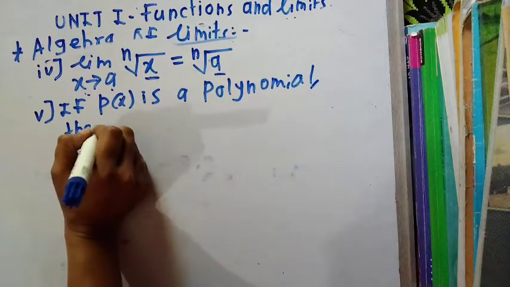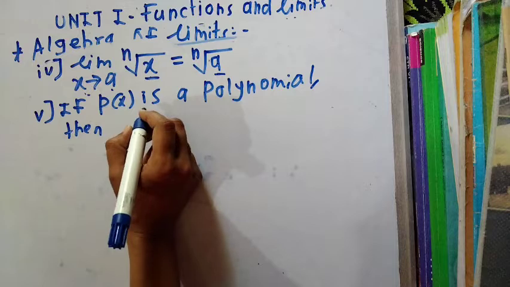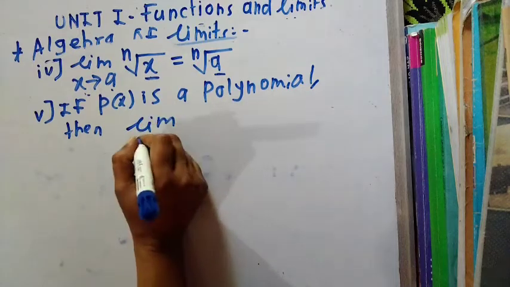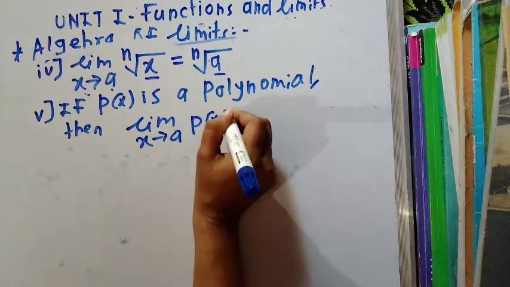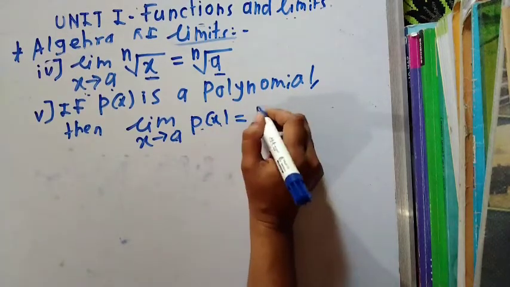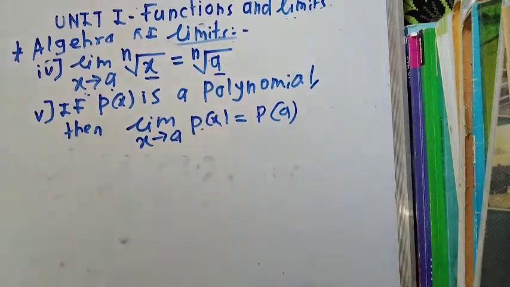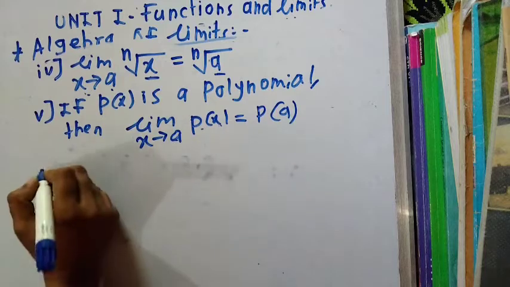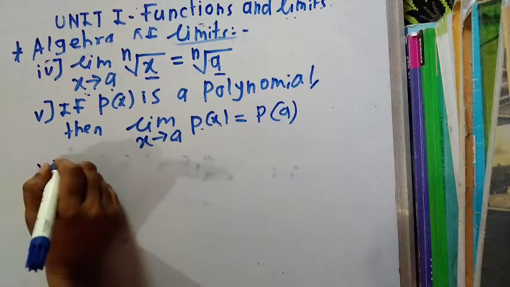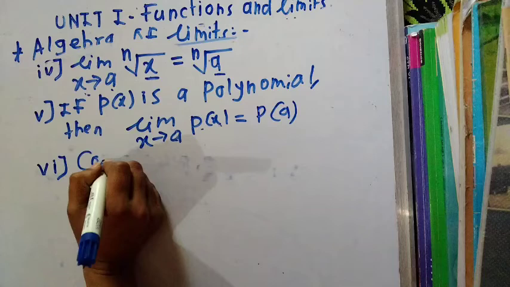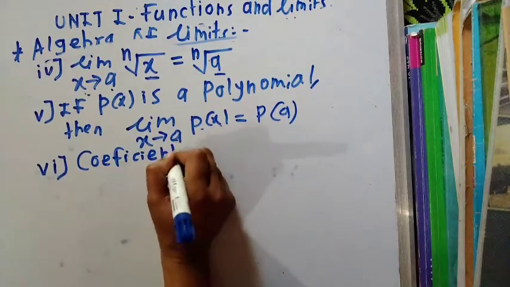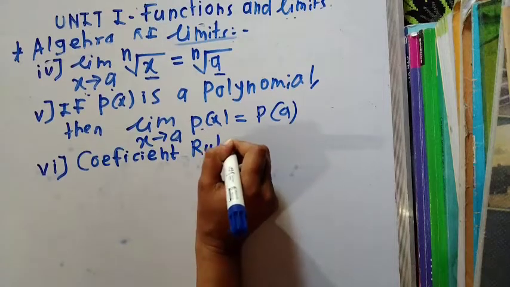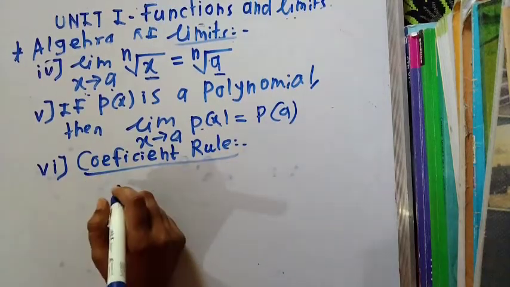Then next rule, if p of x is a polynomial, then limit x tends to a of p of x is equal to p of a. x tends to a means put x equal to a. Then next rule is the coefficient rule.